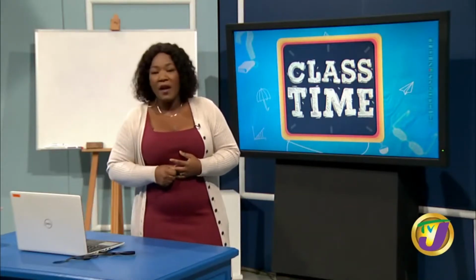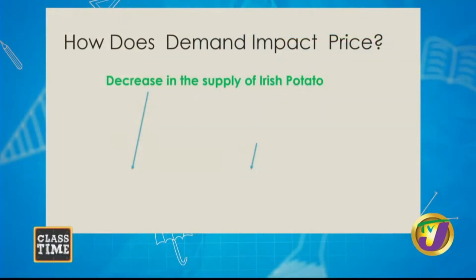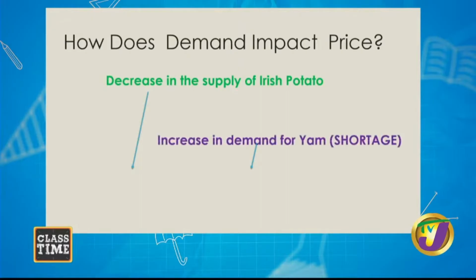So now they would want to purchase yam. Wanting to purchase yam would impact the price for yam because now we have an increase in the demand for yam. What will happen? One, the decrease in the supply of Irish potato, which is obvious because now there's a ban on the importation. Two, an increase in the demand for yam. So once you have an increase in demand for an item, over time you'll have an undersupply.